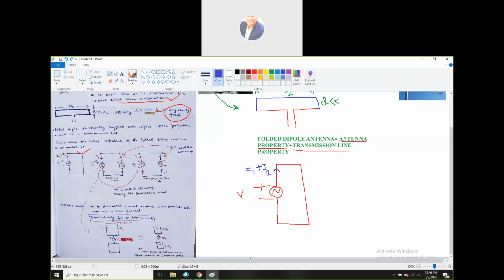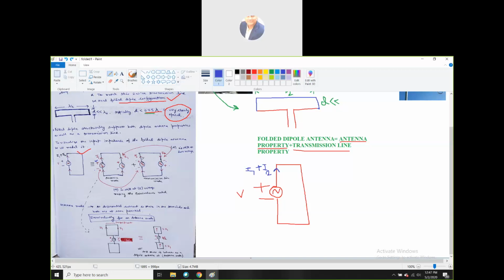Now look at this, it is very interesting. If this is plus, this is minus, this is plus, this is minus, what has happened? It behaves as the dipole antenna only. Both the currents are going in the same direction, minus to plus, minus to plus. But here the current is going in the reverse direction.